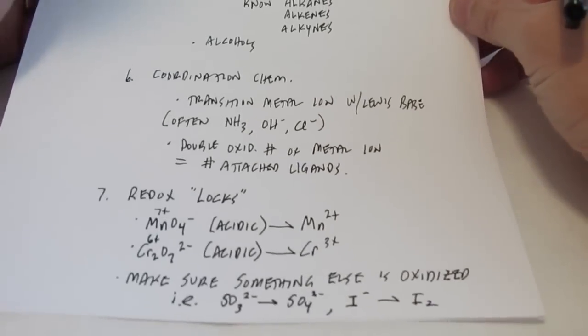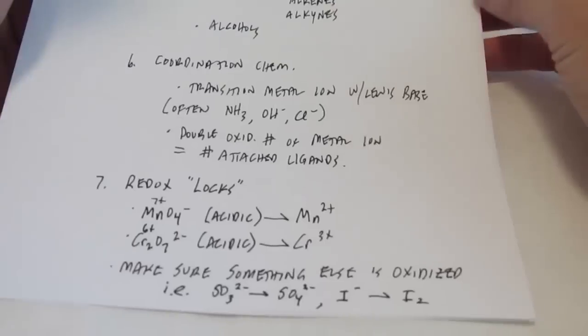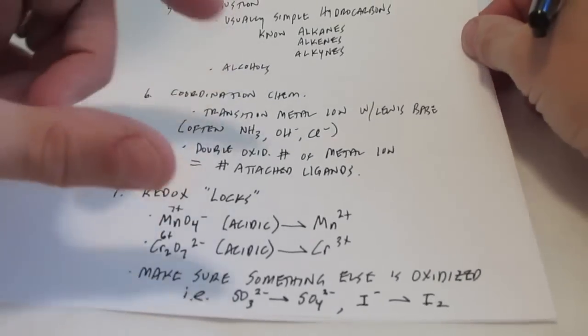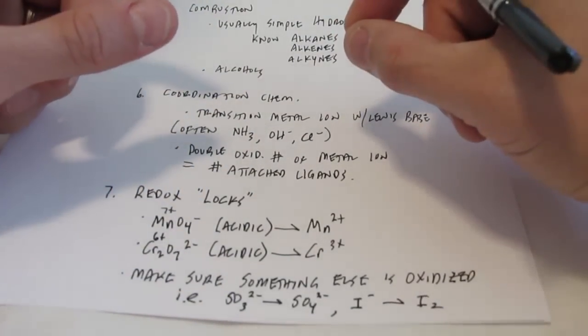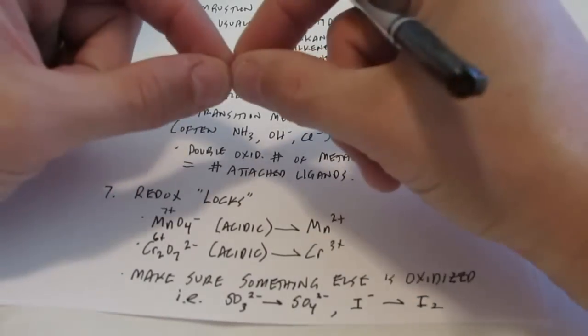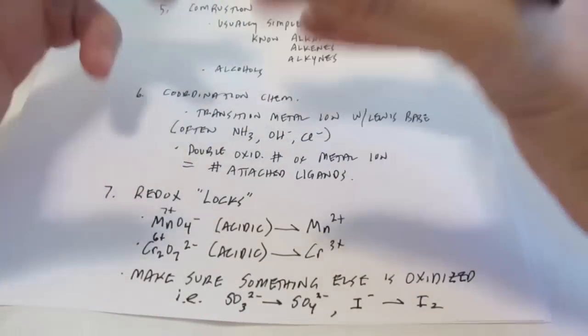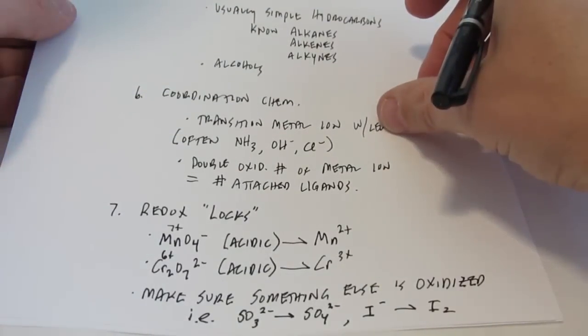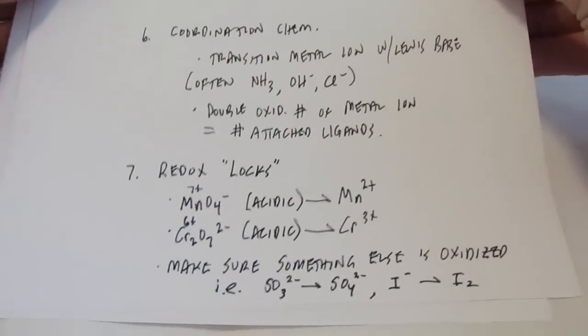You might see a Lewis acid base reaction where you have ammonia coming together with BF3. And what you end up having is a bond forming between the ammonia and the BF3. You rarely will see that type of question, but I've seen it a few times. So let's go through just a couple of these really quickly, and we'll see how you do.